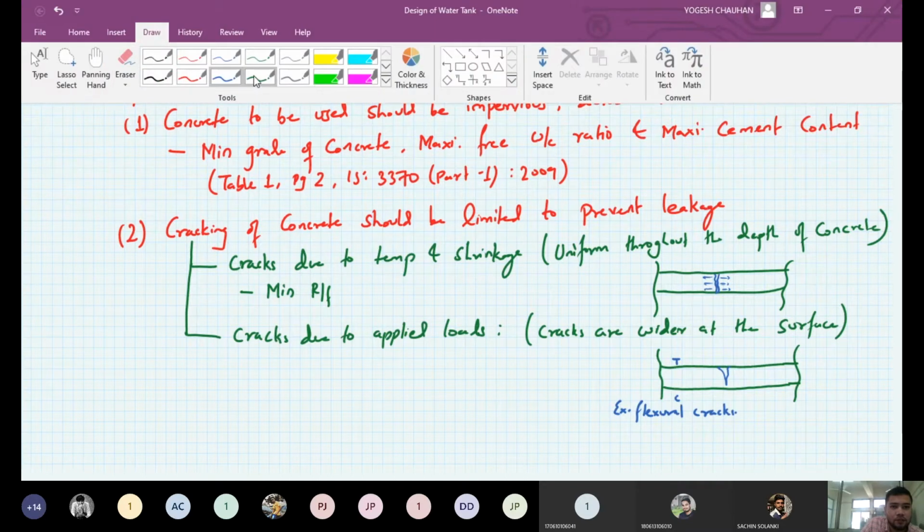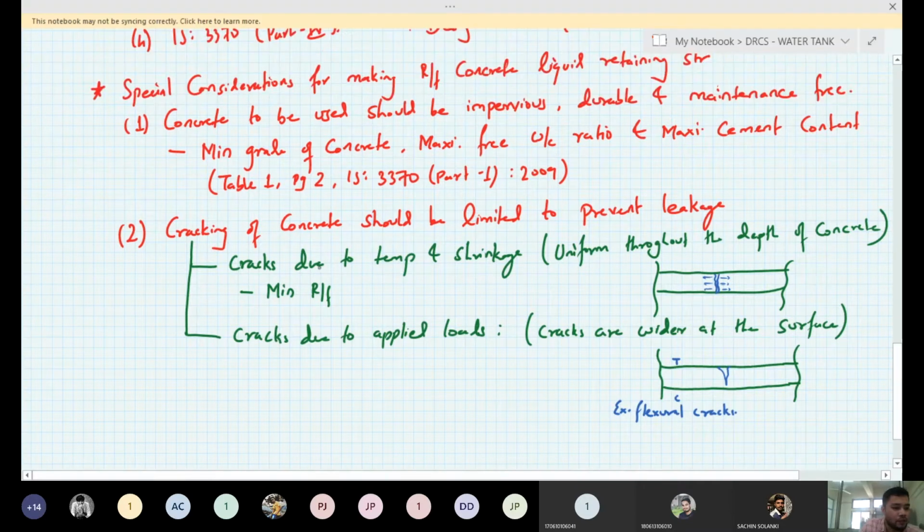And to prevent this, the code has given the exposure conditions to be used. The code has given severe exposure conditions to be used, at least severe exposure condition.